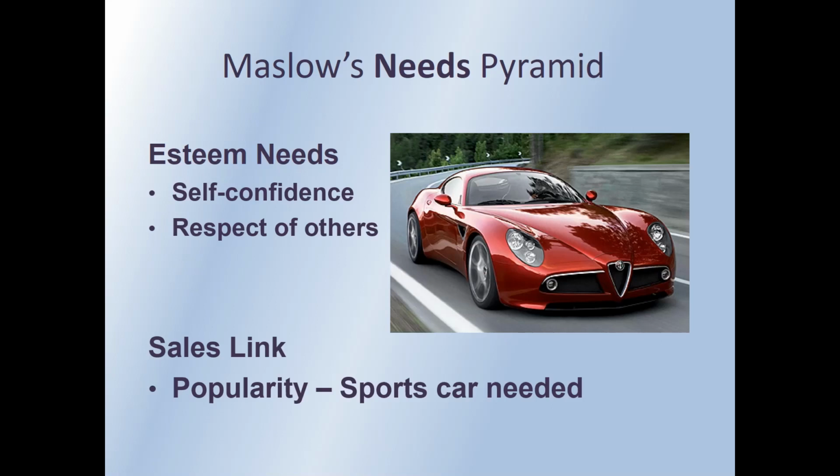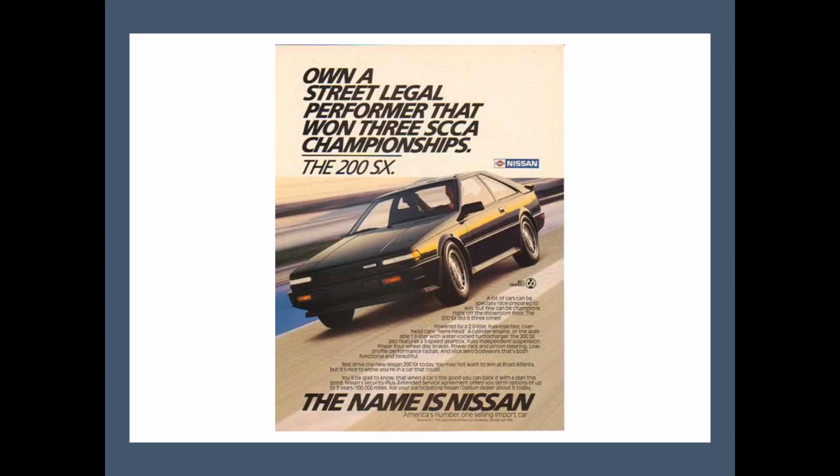You need a sports car. So you go out and buy a sports car. So let's look at some advertisements for cars, specifically Nissan. Here's an old one. Own a street legal performer that won 3 championships. The name is Nissan.